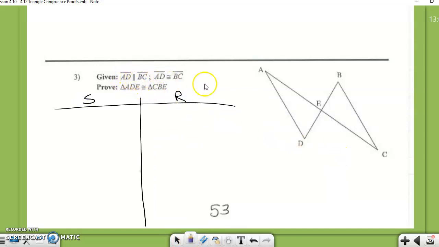AD is parallel to BC. So that's AD here. I like to extend them. I'm going to try to do a better job of that. BC. Okay, so these are my parallel lines.